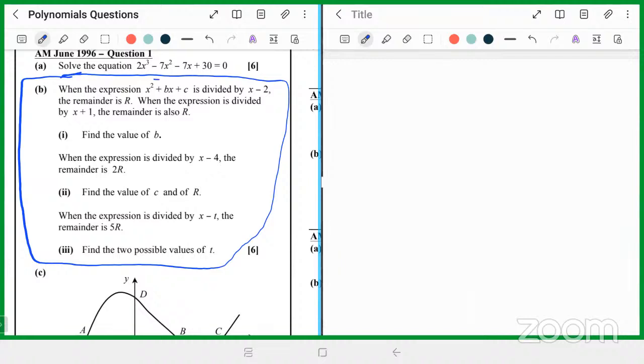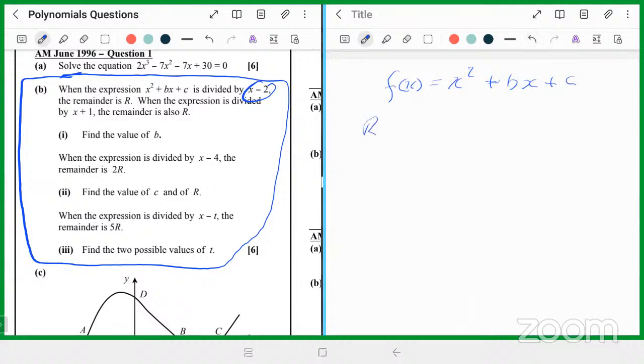So when this expression, we're going to call it f of x, f of x is equal to x squared plus bx plus c. Let's say when divided by x minus 2, the remainder is r.